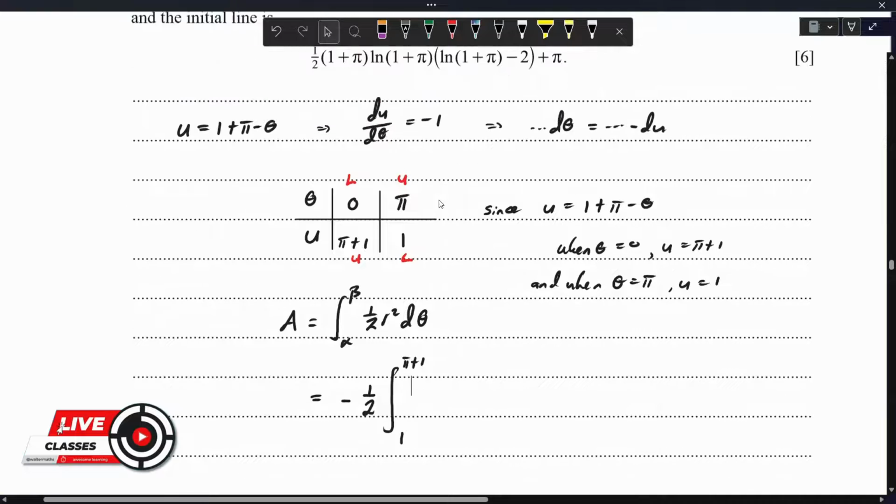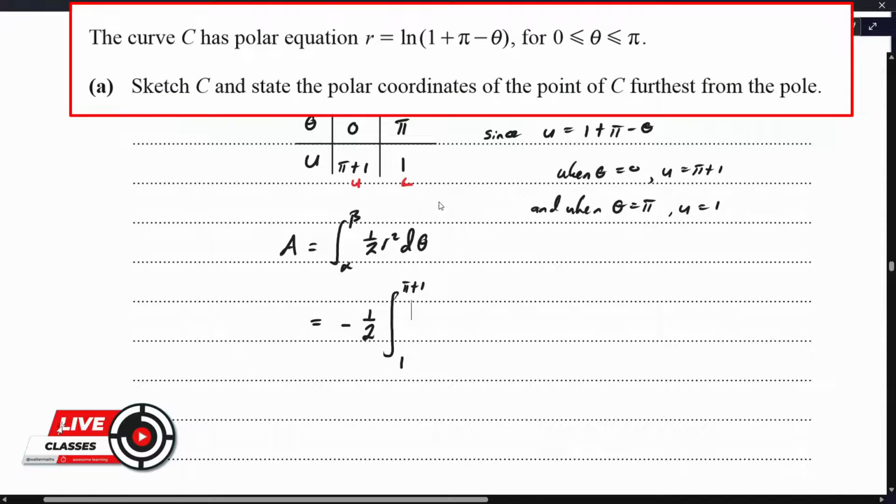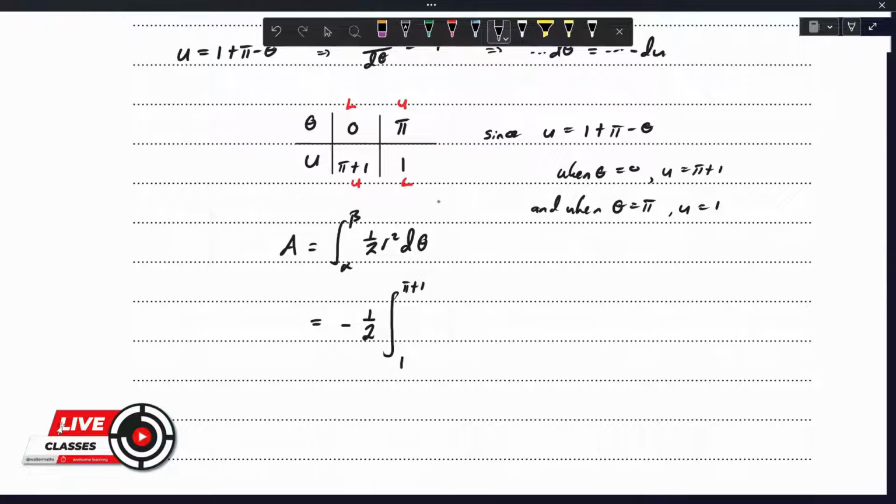Now, from the original curve, r is ln of 1 plus pi minus theta. So r squared should be ln of 1 plus pi minus theta, squared. But remember, 1 plus pi minus theta is u. So it's just ln u squared d theta.